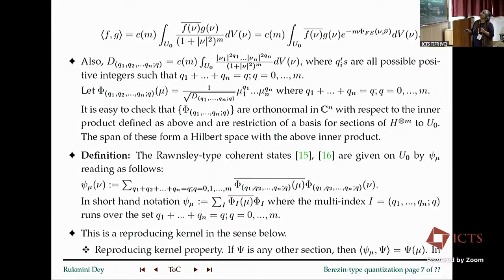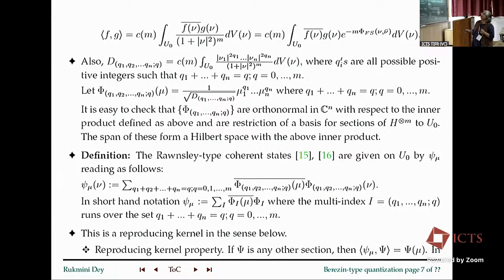So the Hilbert space inner product is given by Cm times the integral over U0 of F(nu) bar times G(nu), weighted by e to the minus m phi FS, which I can write with the Kähler potential, dV. So now I just normalize the polynomials so that they are orthonormal.